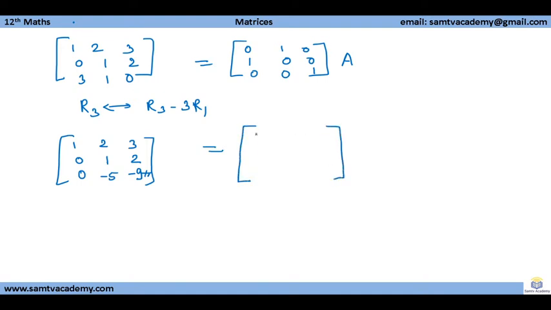So first and second row we will write as it is, 0 1 0, 1 0 0.